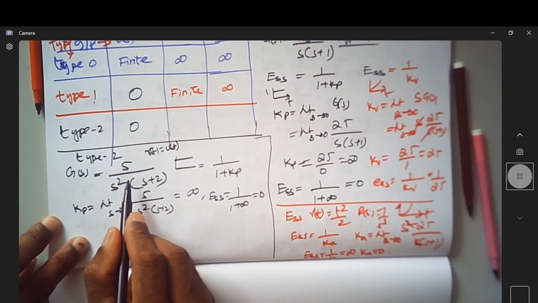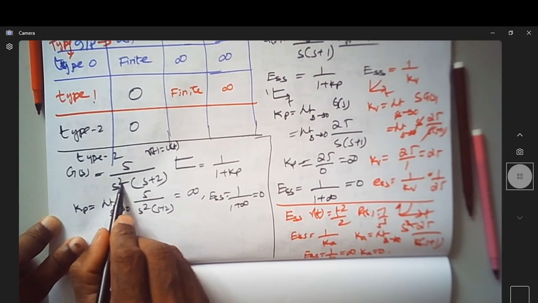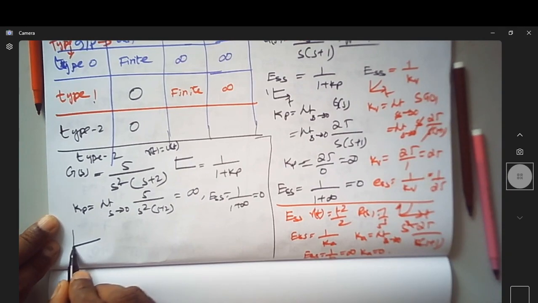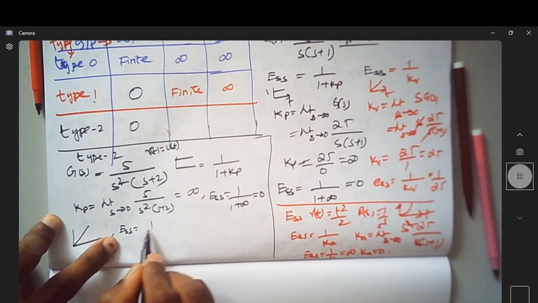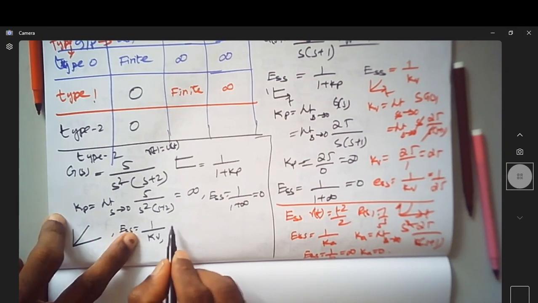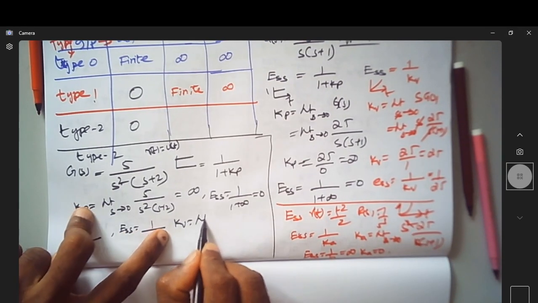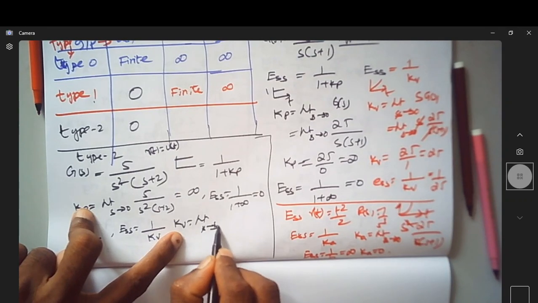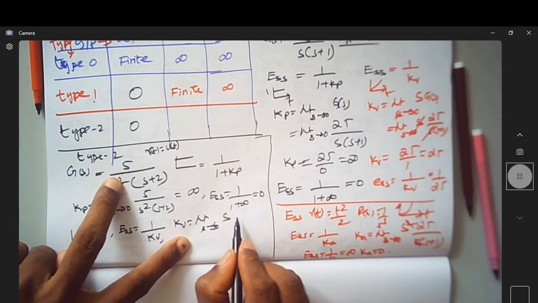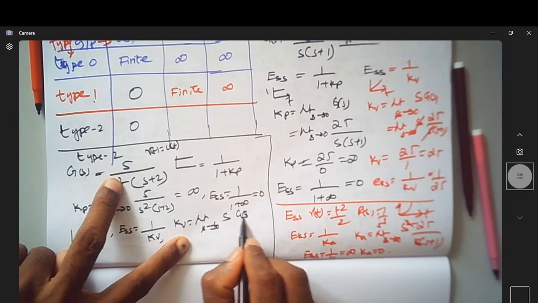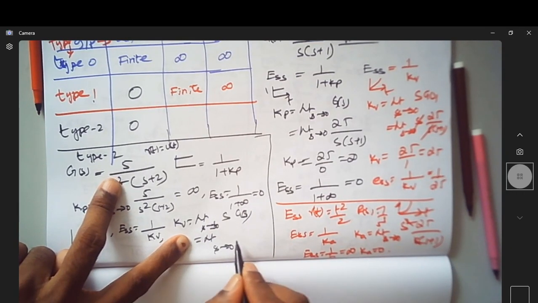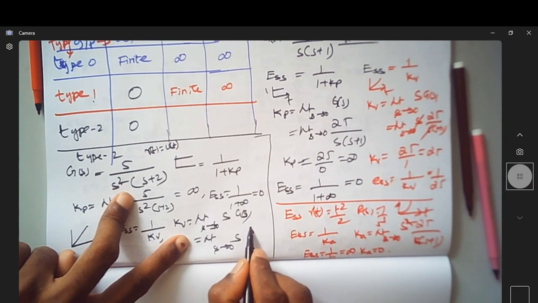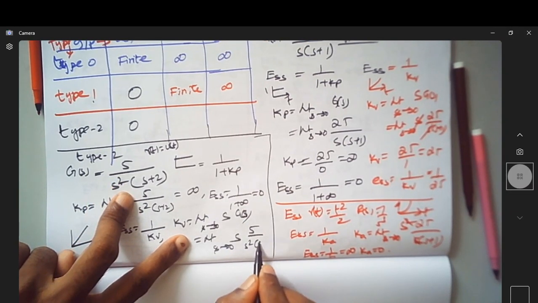Now for the same type 2 system, let us apply an input which is ramp. So its ESS is 1 over Kv. Kv, we know that it is limit of s tending to 0, s into GFS. So what is this now? 5 by s square into s plus 2. This square will go with this.